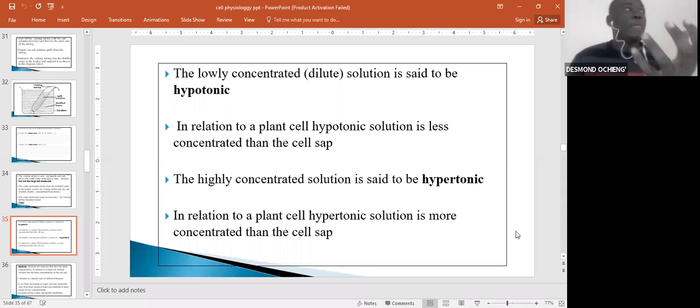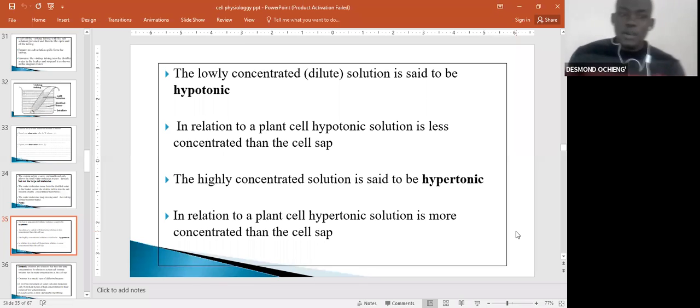For example, if you have a glass of water and you put a few particles of sugar in it and then you taste, you will not feel the taste of sugar. Why? This is because the amount of sugar particles in that solution is very low. So that is why we are saying this water is dilute, meaning it has got very few particles of the solute in it.